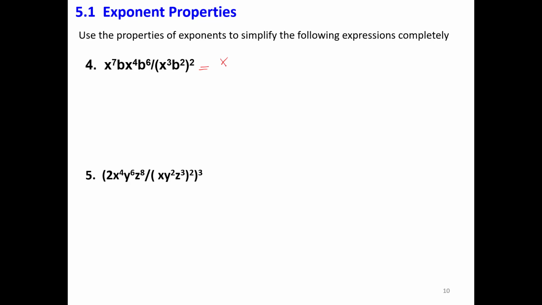Again, x to the 7 b, x to the 4 b to the 6, divided by x to the third, squared. Let's review: x to the 7 b times x to the 4 b to the 6, divided by the second one. Okay, then we have this expression.